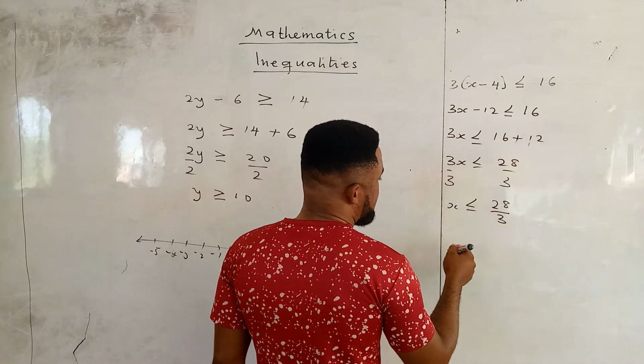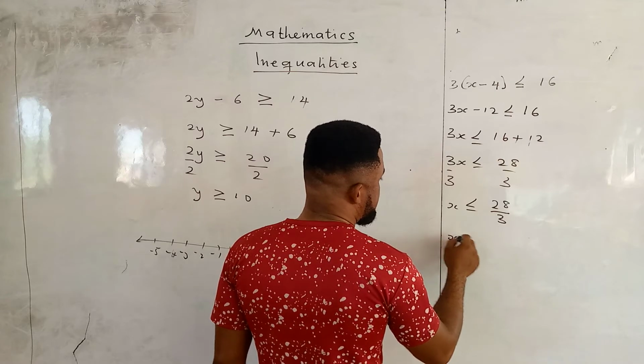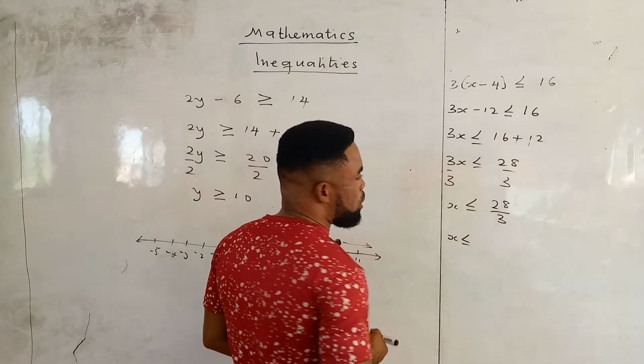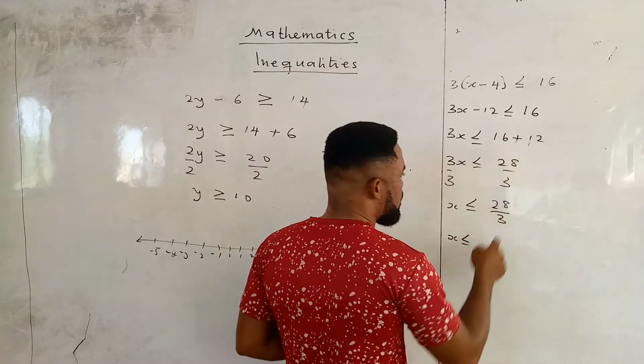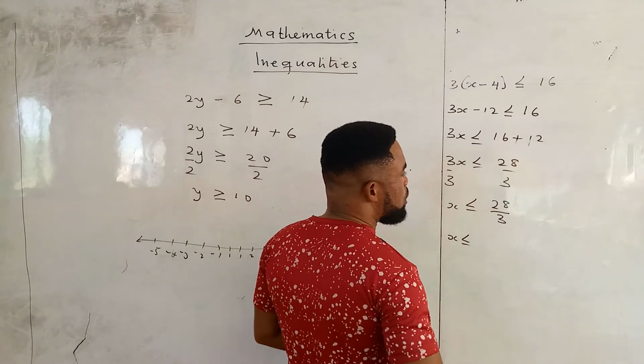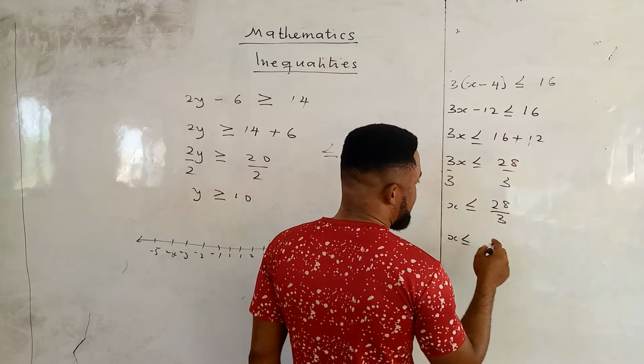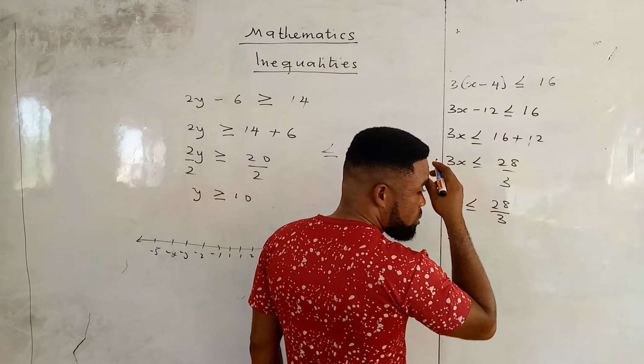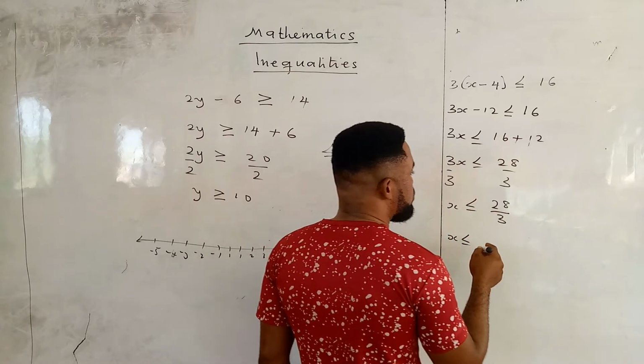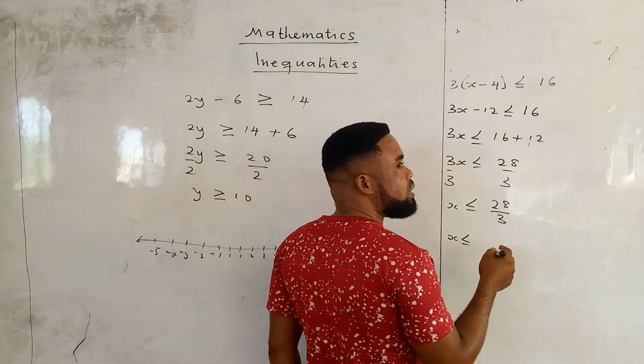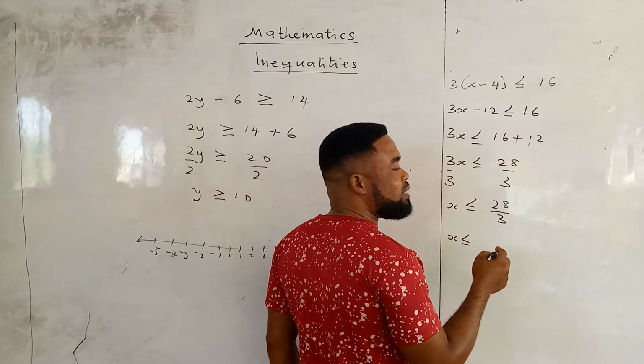So we can put it in a mixed fractional form. So x is less or equal to, 3 will go into 28 how many times? It will go into 28 9 times.